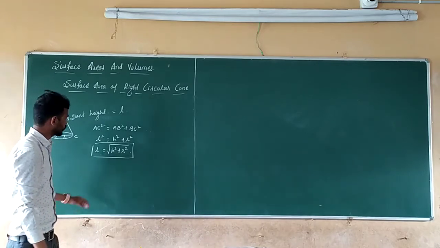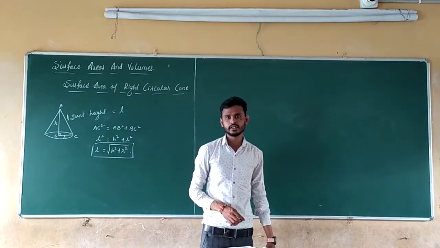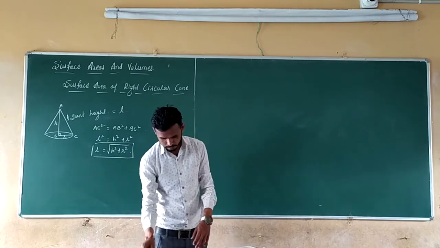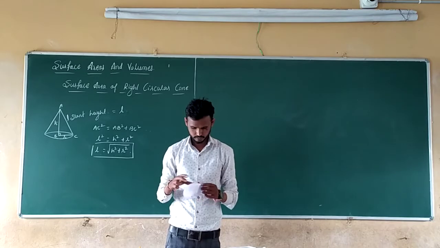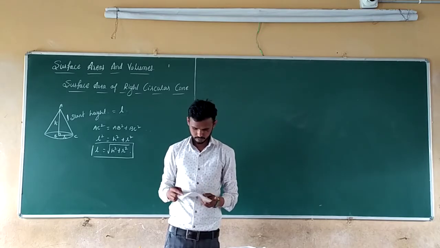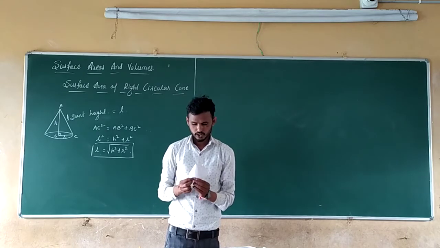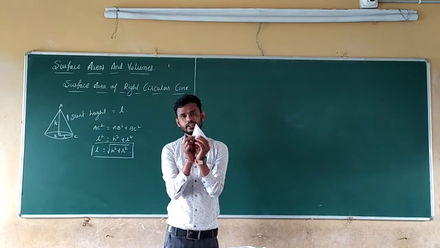Now what is the formula to find the curved surface area of a cone? Let us see here. It is in the shape of a cone. So cut this cone.